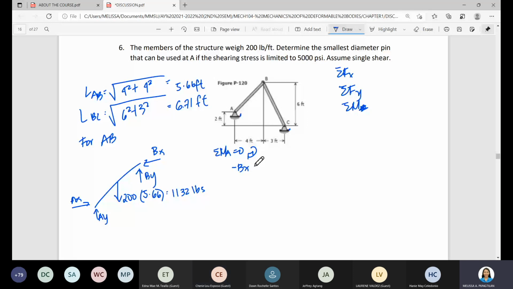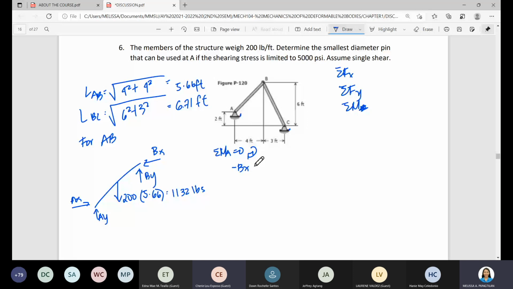Plus 1,132, moment arm is 2, equal to 0. So, simplify natin siya. So, we have negative 4Bx minus 4By plus 2264 is equal to 0. So, simplifying this further, we have negative Bx minus By plus 2264 is equal to 0. So, this is our equation number 1.